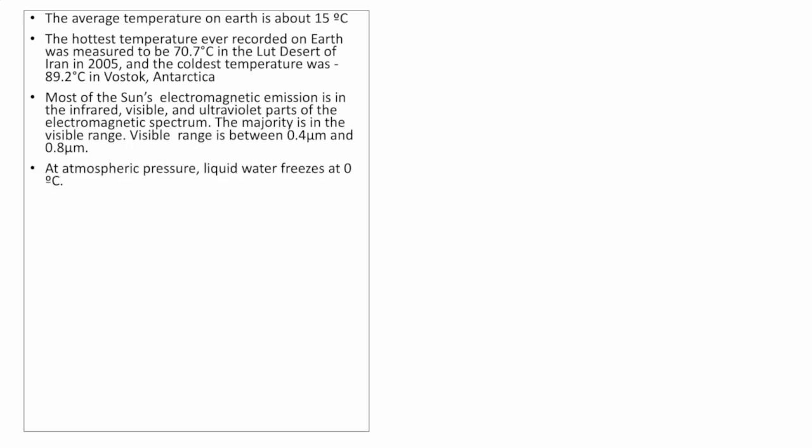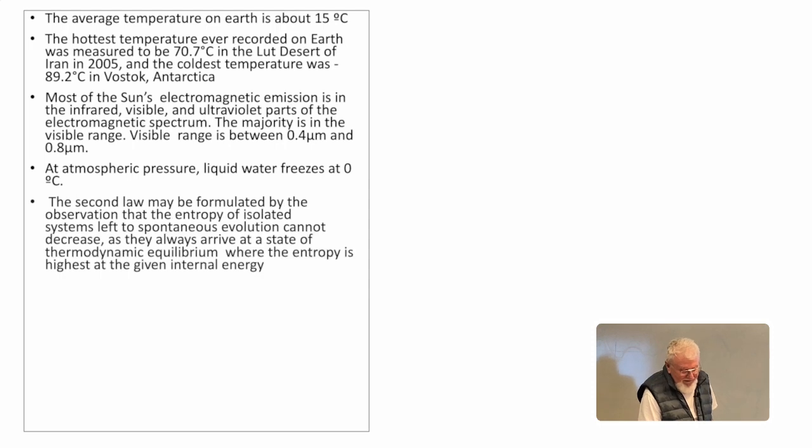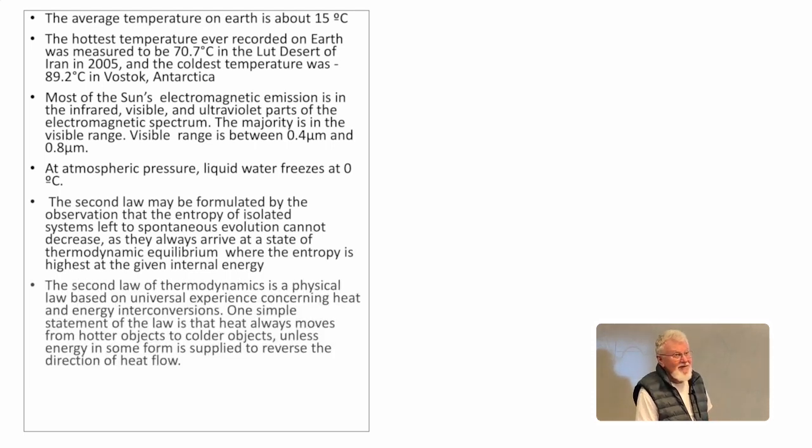So this is another fact, that at atmospheric pressure, water freezes at 0 degrees centigrade. This is a fact that we will discuss later. Then life is really governed by the second law of thermodynamics. I will not dwell on the definition of the second law at this point, but rather what it means.